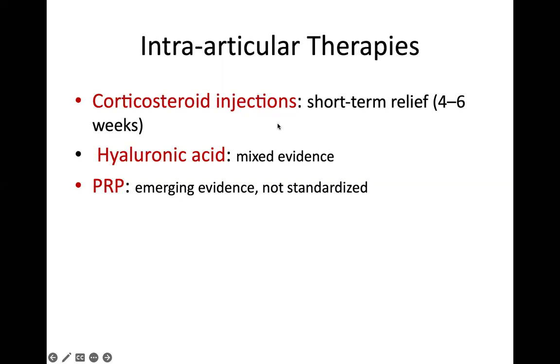Yes, exactly. You will use a steroid because steroid will give fast effect. And if the patient is really, really in pain, you can also mix a steroid with anesthetic. The anesthetic will give an immediate diagnosis, and the steroid will give the fast and quick effect.